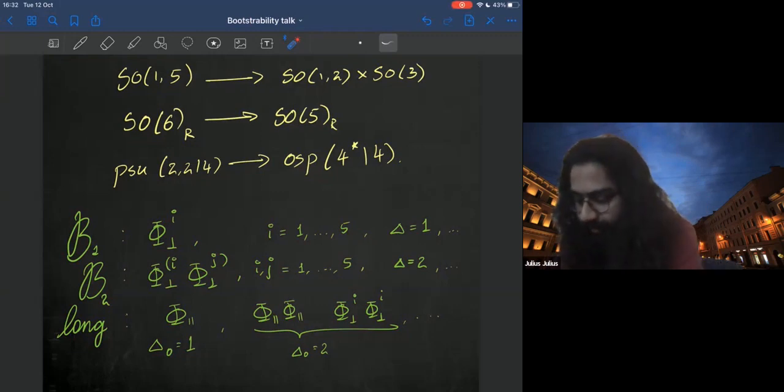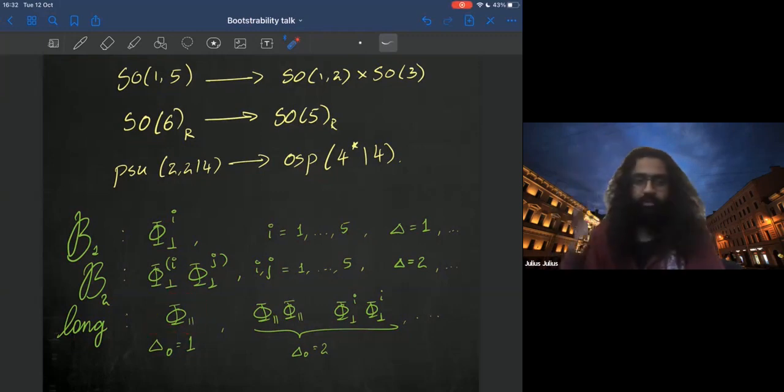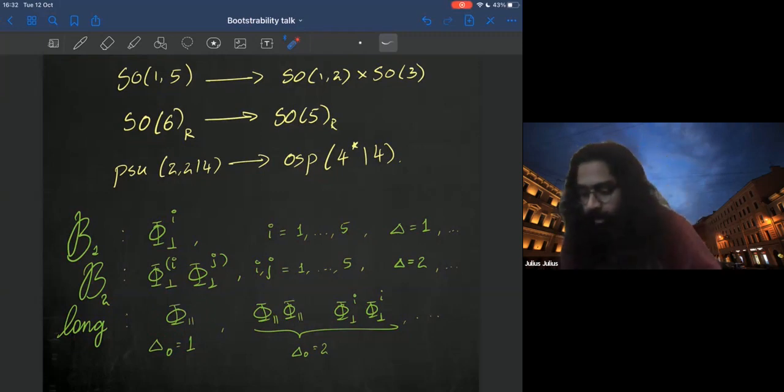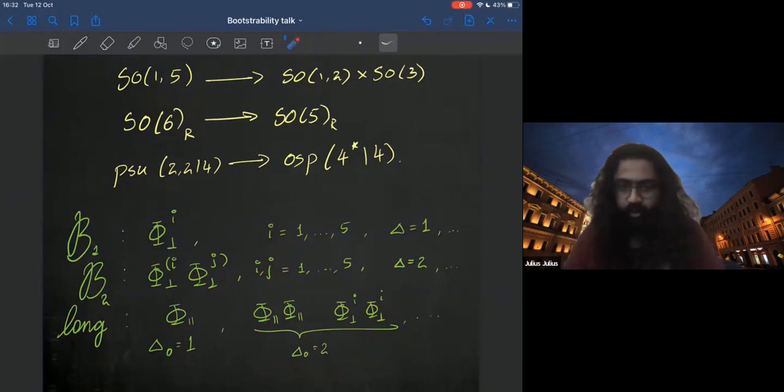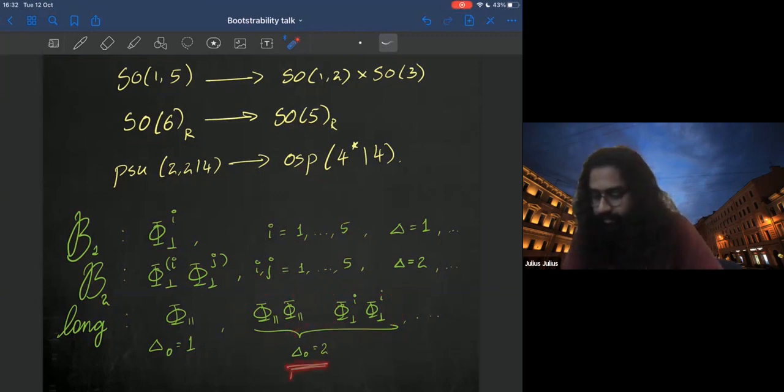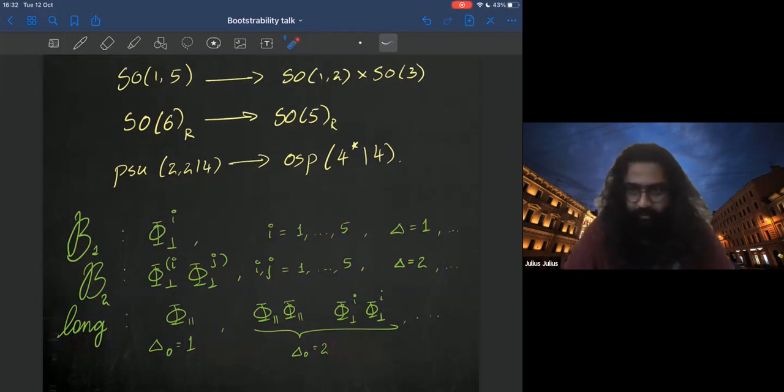The kind of insertions we can have actually include an insertion of phi parallel on the Wilson line, exactly the same scalar which couples to the line. This would be an operator which has engineering dimension equal to 1, for example. Or we can have any kind of neutral combination of the orthogonal scalars or just more parallel scalars, and this will also have some engineering dimension. But the main point is that for the long operators, the dimension does obtain quantum corrections.